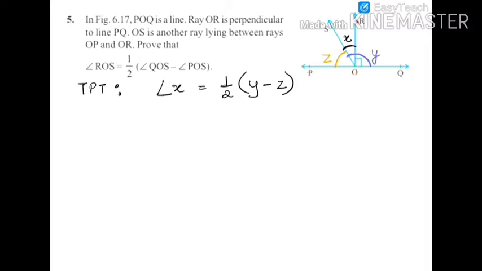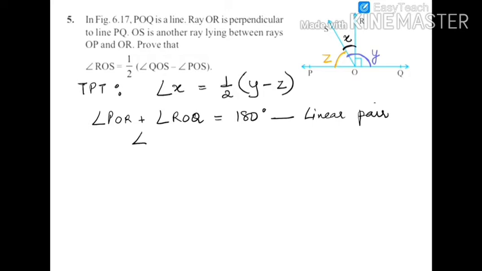Angle POR and ROQ form a linear pair because POQ is a straight line. But we know that ray OR is perpendicular to line PQ. So angle ROQ is 90 degrees.